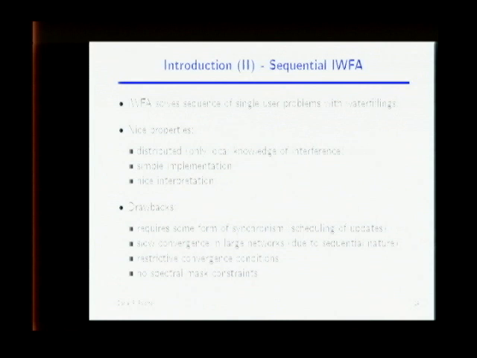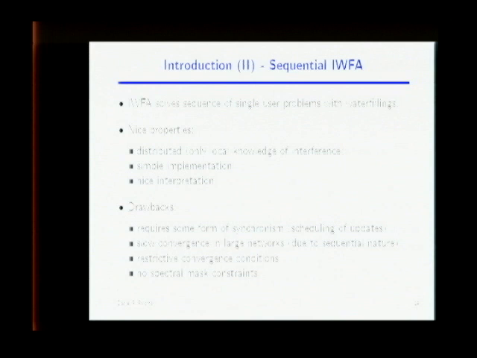So the problem is, well, these equilibrium points are nice, but how does the system evolve to this nice equilibrium point? Well, we can say, okay, let's try to do some kind of iterative waterfilling. This is what they did in 2002. At each time, one user or one link does a waterfilling, and you do this for other users sequentially. It's like in the multiple access channel case. But here is a different setup.